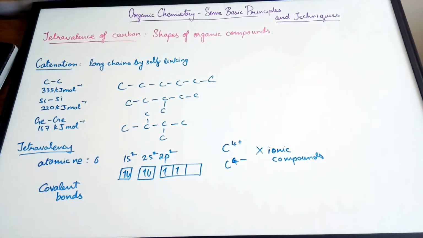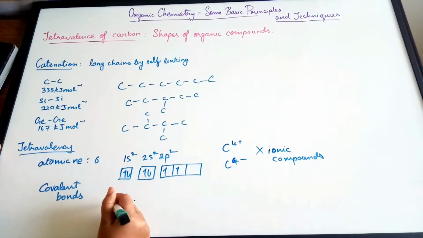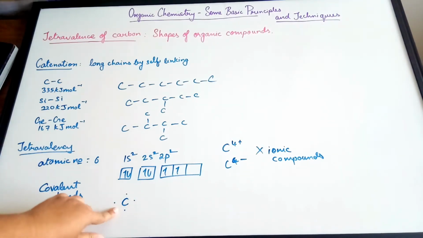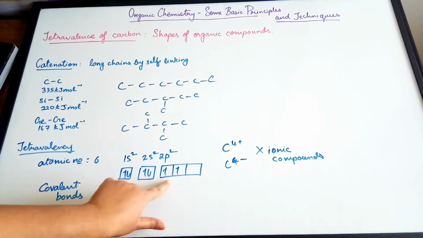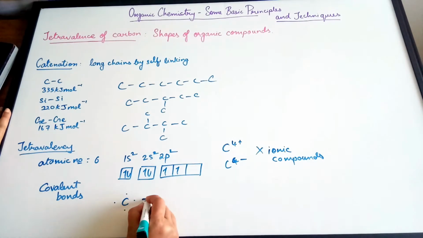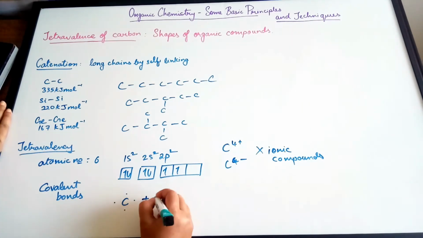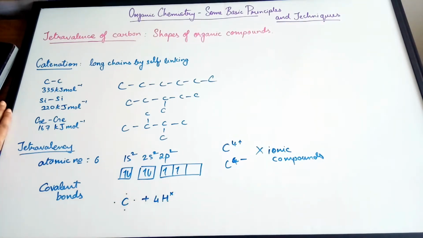So what happens is, to complete its octet, let's take carbon. It has 4 electrons in its outermost shell, right? 1, 2, 3 and 4. 2s2, 2p2. So it has 4 electrons. So it binds with 4 hydrogen atoms, and each hydrogen atom will have 1 electron.